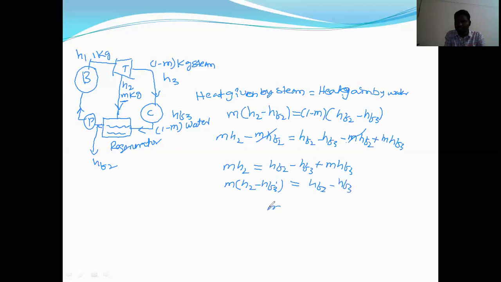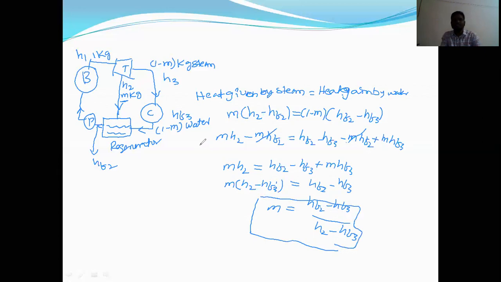Now the m value will be (HF2 minus HF3) divided by (H2 minus HF3). This is the value of m.